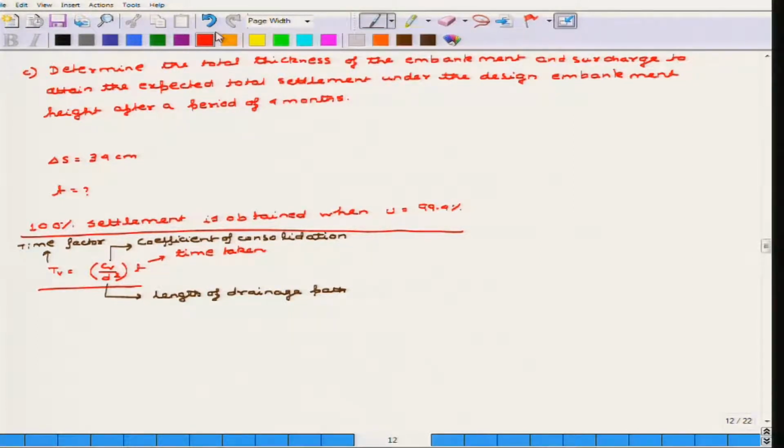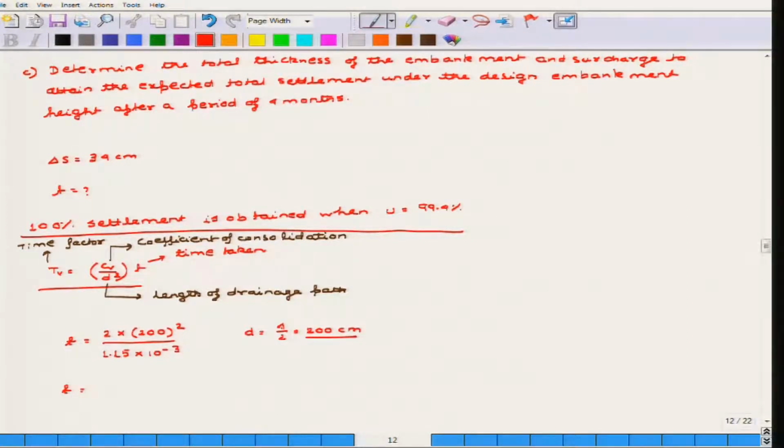So, now t is equal to 2 into 200 square by 1.15 into 10 to the power minus 3. This 200 comes from the fact that this is the drainage path. D is equivalent to 4 by 2, which is 200 centimeter, the 2 meter.